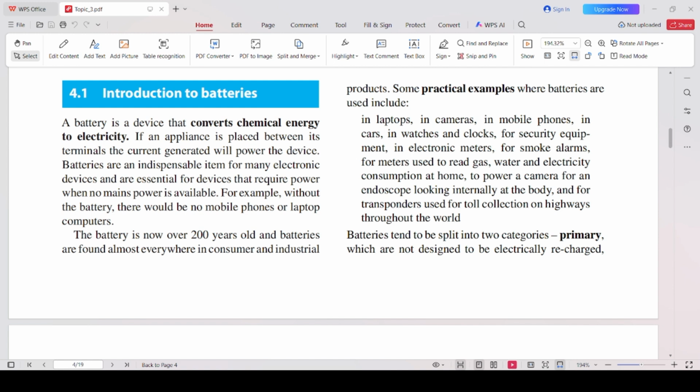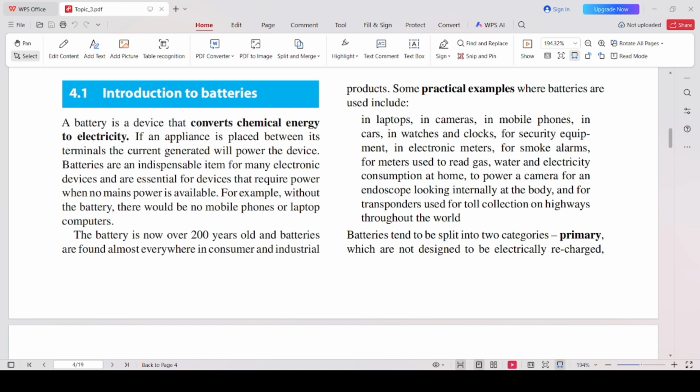Batteries are an indispensable item for many electronic devices and are essential for devices that require power when no mains power is available. For example, without the battery, there would be no mobile phones or laptop computers.